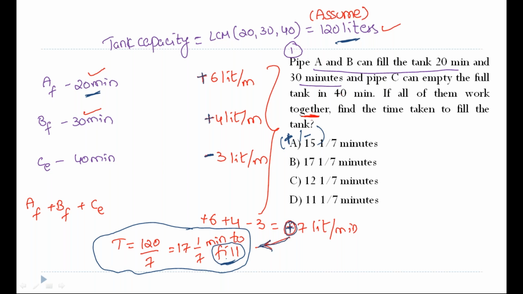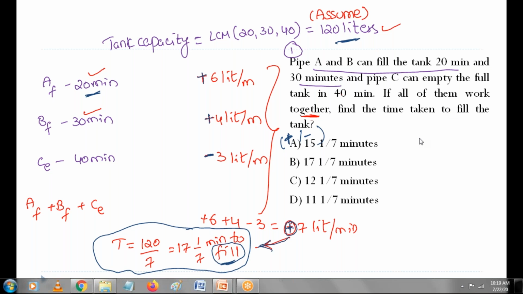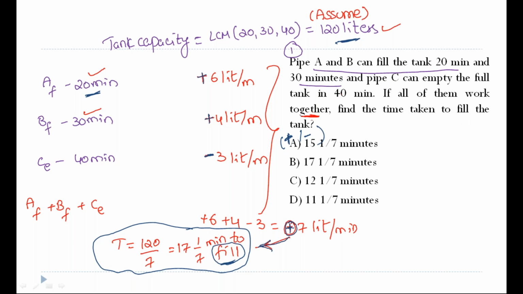The tank will always be filling only. It is not empty. Joshna, if you got a minus symbol here, then you will get empty. But right now you will get filling. If a plus symbol is there at the end, you will get filling only. If you get a minus symbol at the end, then you will get a chance of emptying.